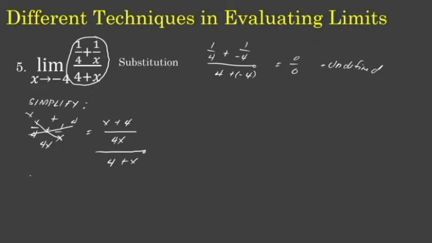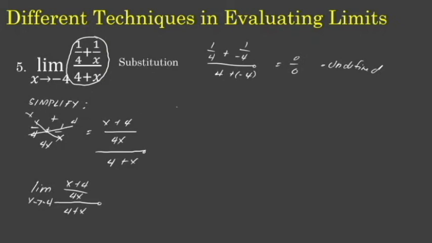Ayan. So, lagyan na natin yung limit natin. So, we have the limit of x plus 4 over 4x all over 4 plus x as x approaches to negative 4. Then afterwards, kunin natin yung reciprocal ng 4 plus x over 1 para maging multiplication na siya.